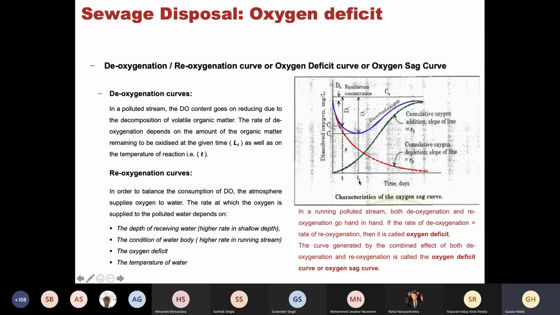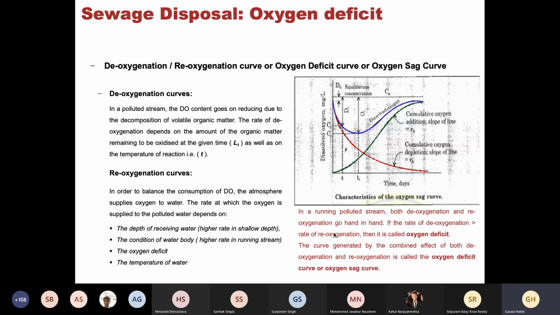These two parameters should be known first. If you know the chemical characteristics of the river water, then this can be determined.